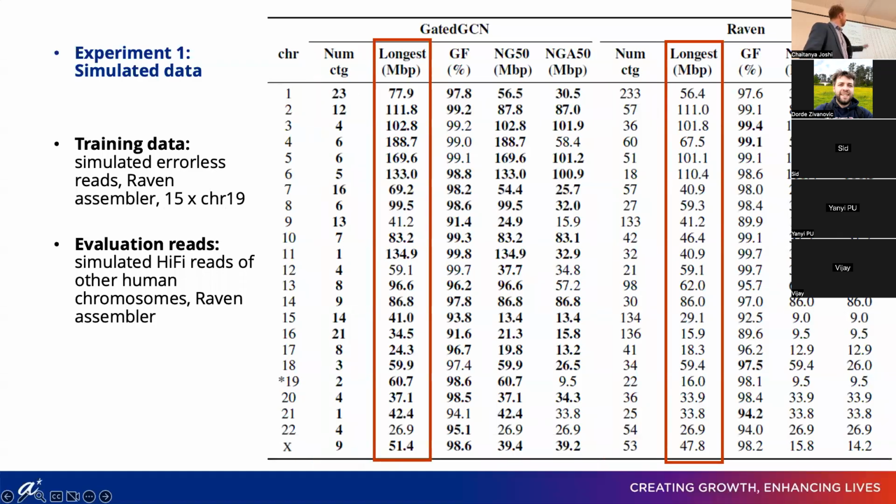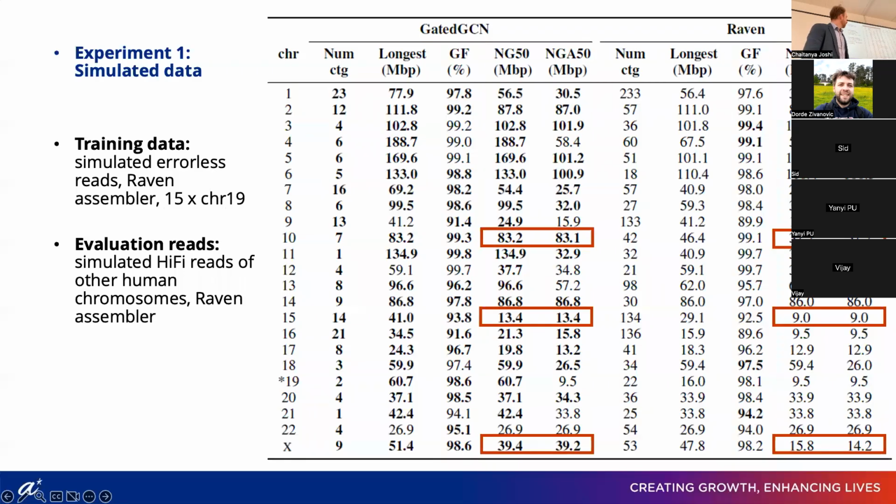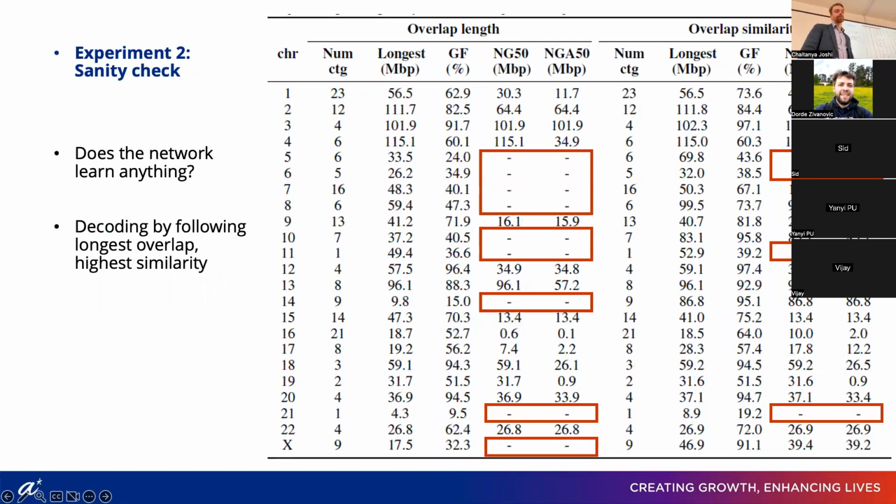Fewer contigs, our contigs are a lot longer, with a similar or slightly better genome fraction, like the amount of genome that we cover. And in some cases, NG50 is somewhat comparable, but in some cases, it's a lot longer in the case of the GNN. This is the result we were aiming for, and this is exactly what pushed us to do additional tests on real data.